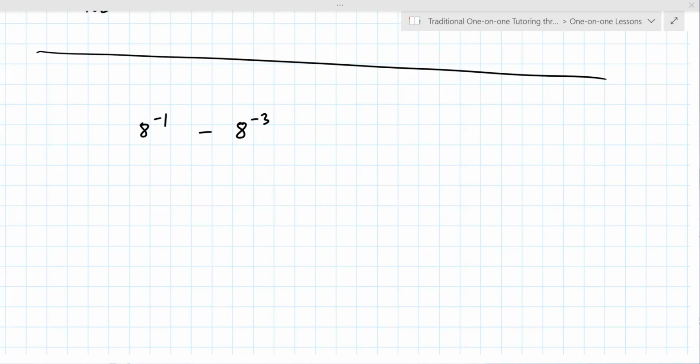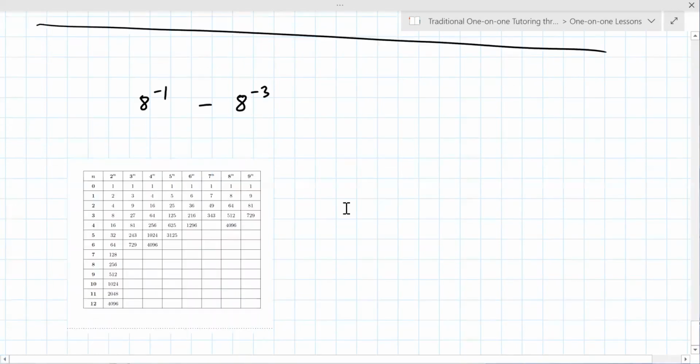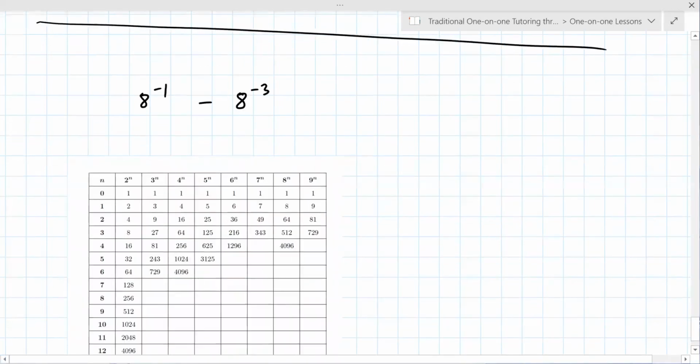The chart is missing 8 for the third power. Okay, let me take a look here. I'm pretty sure it's got it here. So maybe that was the issue, it was unclear how to use the chart. So let me snip it in here. The way you use this chart is the exponent is on the left here.